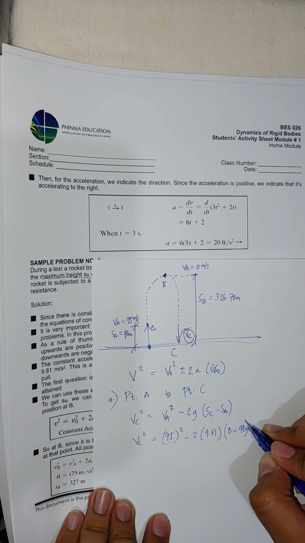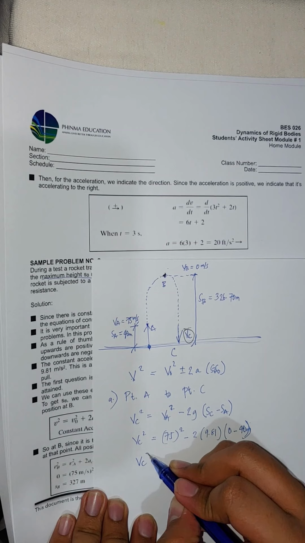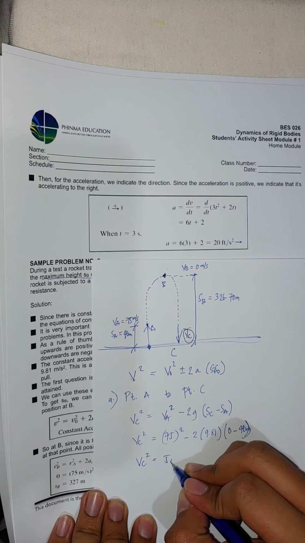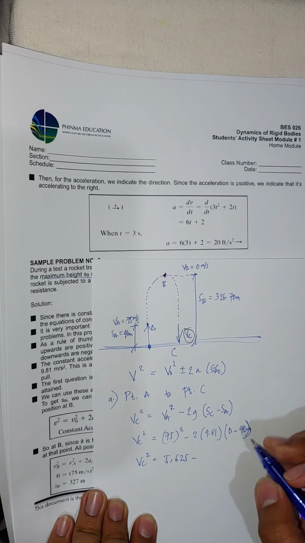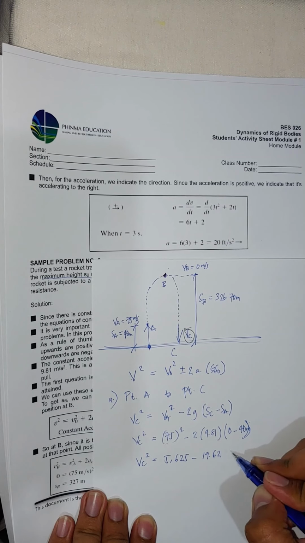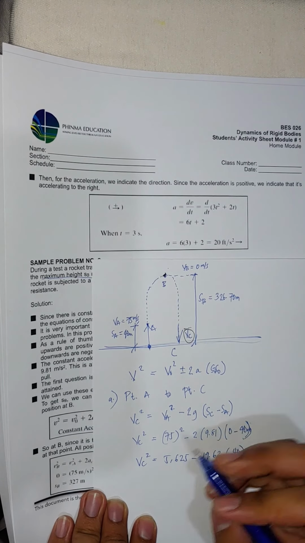Okay. So VC squared is equal to 75 squared, which is 5,625, minus twice the 9.81, that is 19.62, times negative 40.